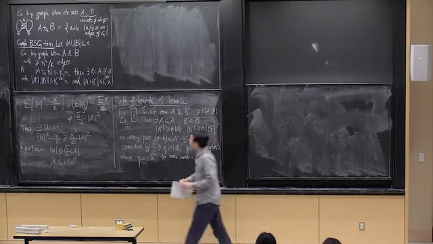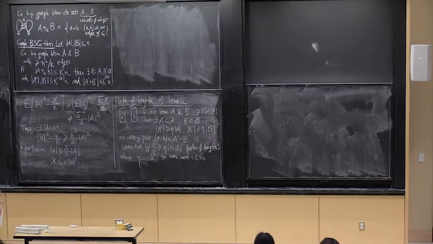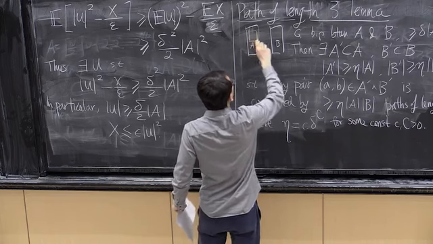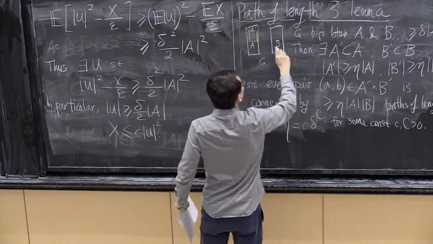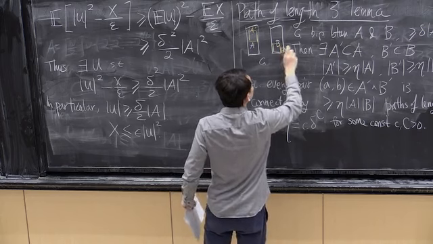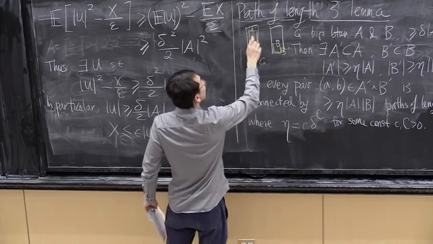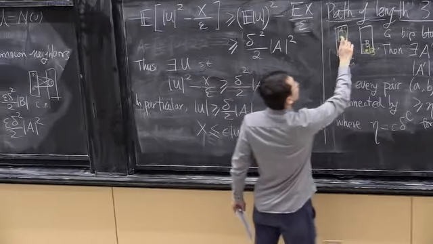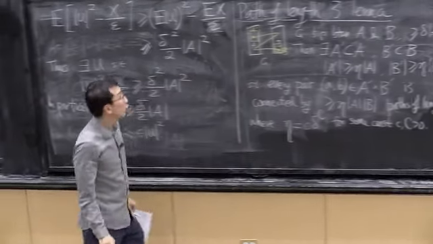Okay. So starting with this bipartite graph that's fairly dense, the lemma tells us that we can find some large A prime and large B prime so that between every vertex in A prime and every vertex in B prime, there are lots of paths of length 3 between them.